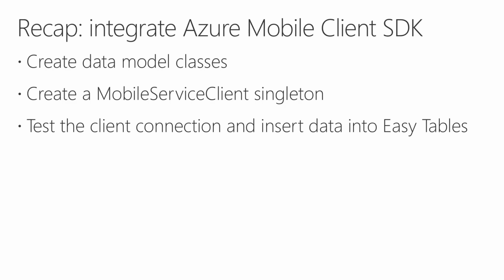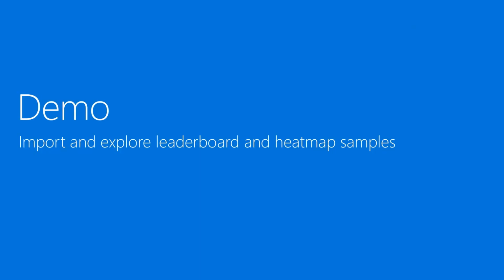And the last thing we did in this demonstration was actually test the client connection with the test connection script that we went over. And we tested out InsertAsync and ToListAsync. And we used that to add entries to our HighScoreInfo and then read them back in Unity. So at this point, we should be all set up for the next step here.